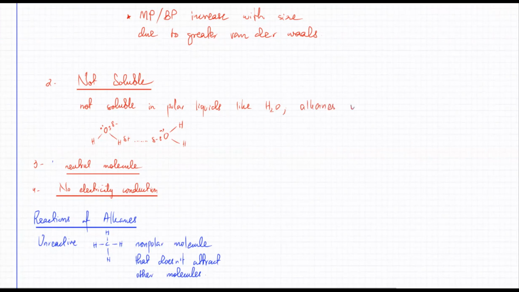The rule for solubility is that polar dissolves polar and non-polar dissolves non-polar. That's a rule because polar things will only attract other polar molecules, so non-polar things would only mix with non-polar things.